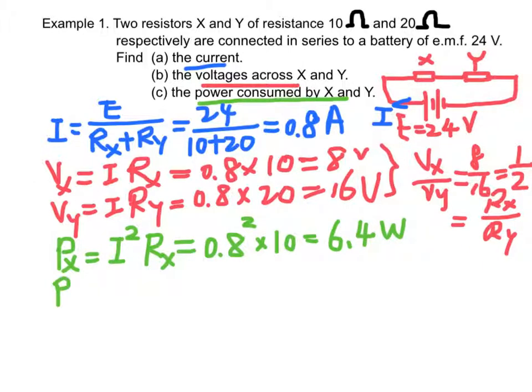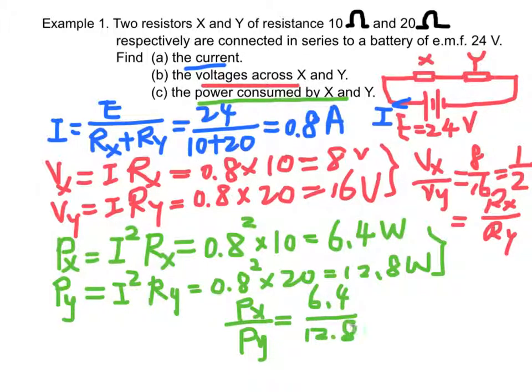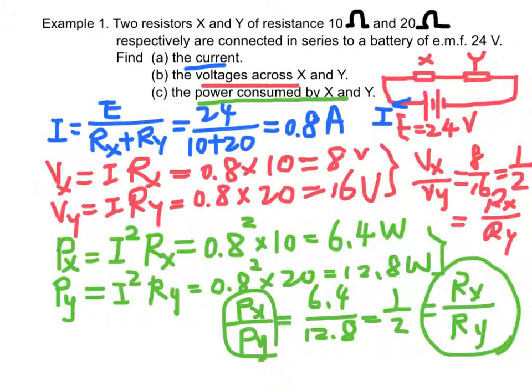And power dissipated by Y is Py equals I squared Ry, equals 0.8 squared times 20, which is equal to 12.8 watts. Again, notice that the ratio Px over Py equals 6.4 over 12.8, equals 1 over 2, equal to the ratio of the resistance Rx over Ry. Again, you have learned this relation on the last page.